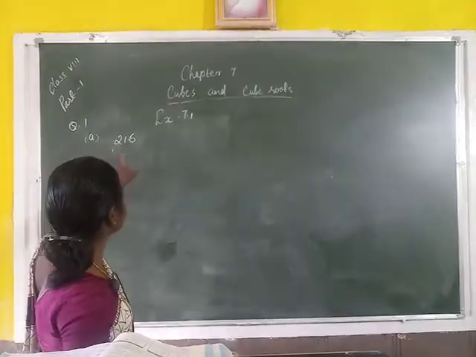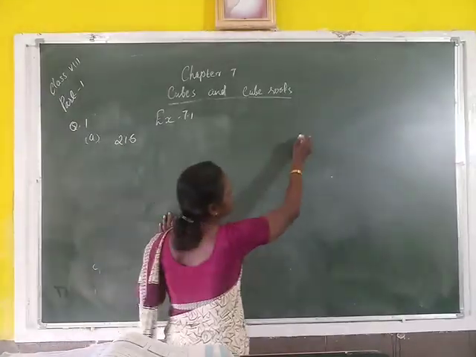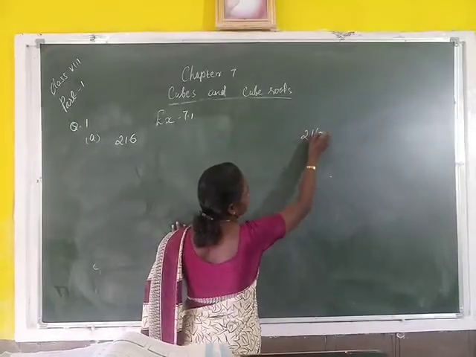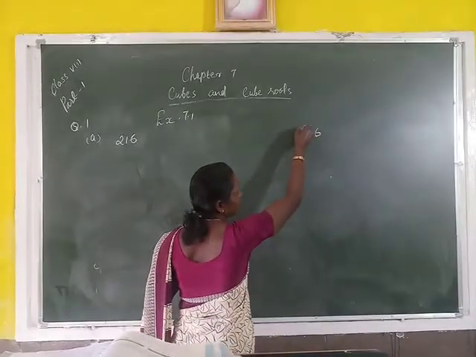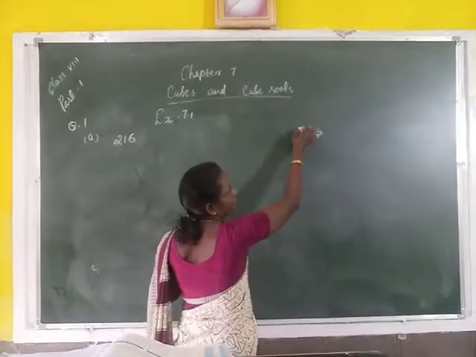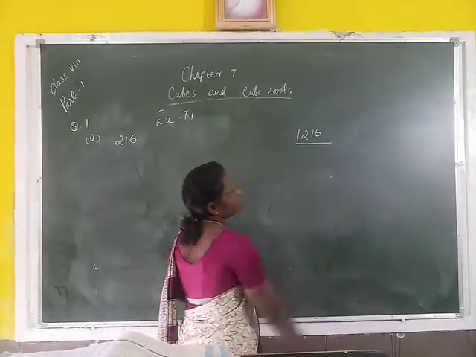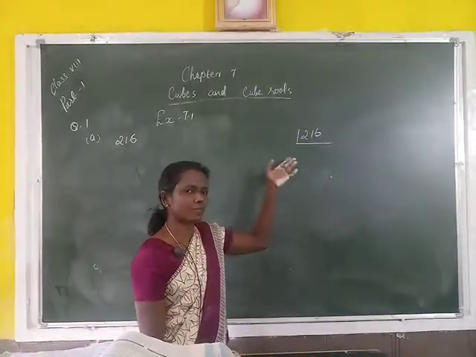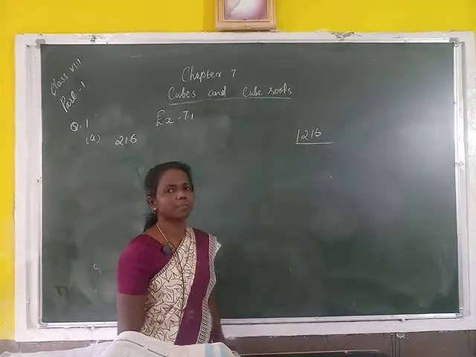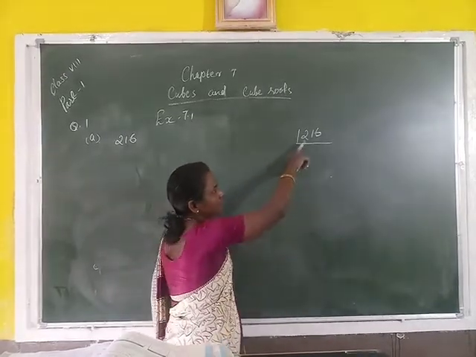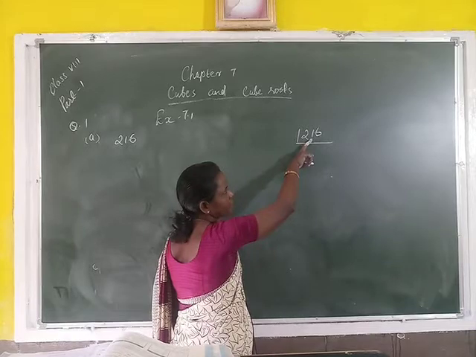First, we divide the given number by prime numbers, that is, prime factorization. This 216 is divided by which number?